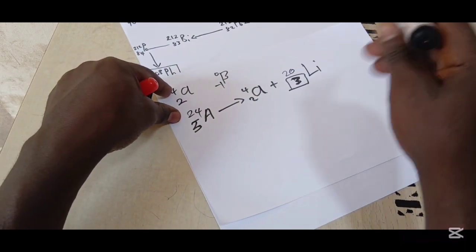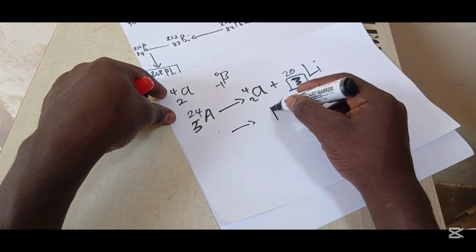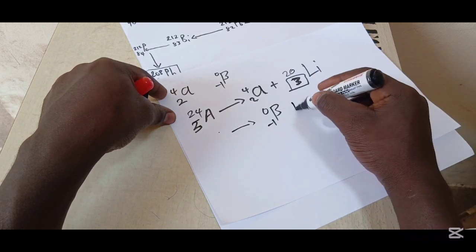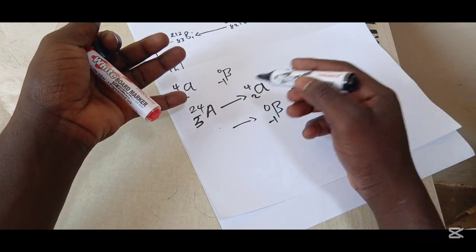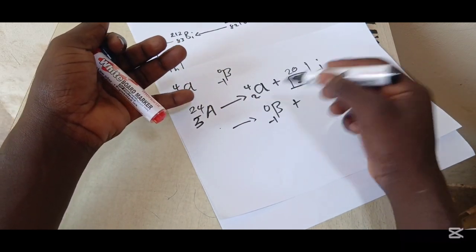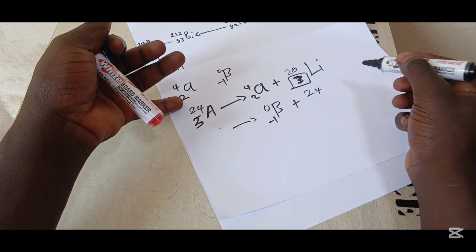The same happens to beta decay. If this undergoes beta decay, it means at the end of the day, we are going to get beta particles on our product side plus a certain nuclide. Now, using the mass and the atomic number, what mass can we add to 0 to get 24? It's just 24.